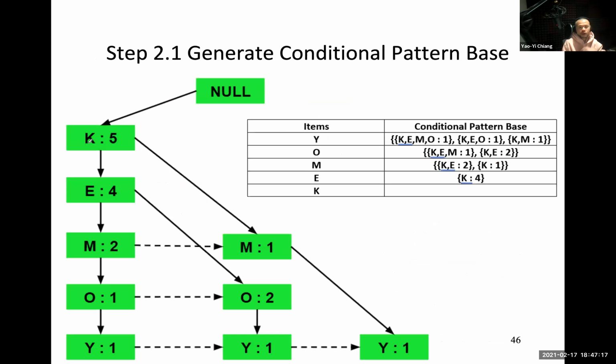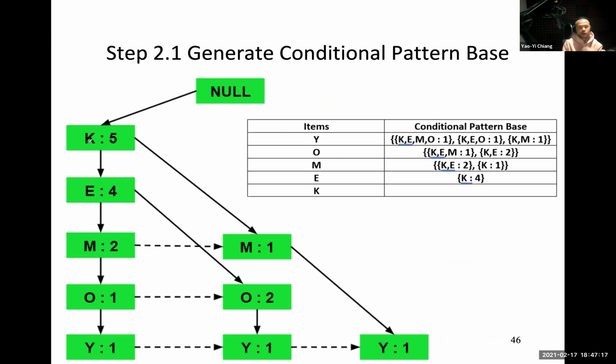But when you implement the code, you actually do not just remove the tree. It's just the way you traverse the tree. So let's look at the Y tree. We start by generating this conditional pattern base from Y. We say, all right, what would lead to Y? Well, you have K, E, M, O, right, from the root. So one path. How do we know this is one path? Well, because Y has a counter of 1. That means this path only goes to Y once.